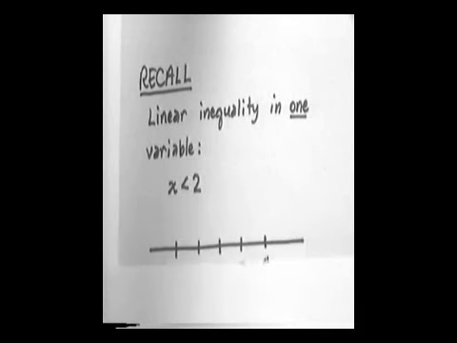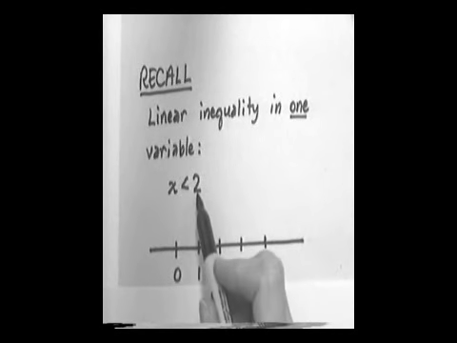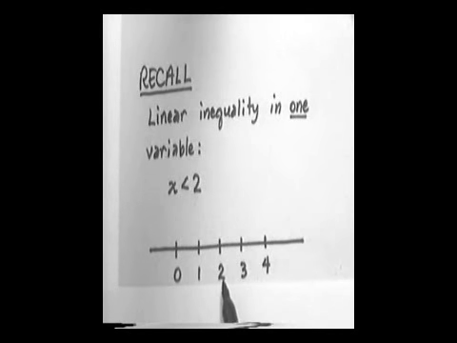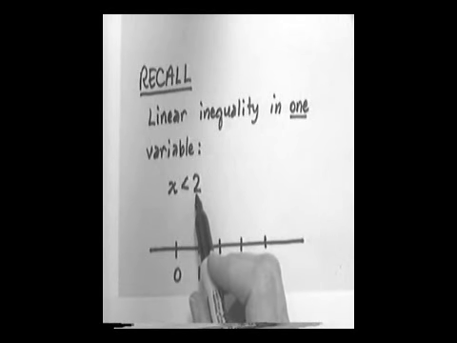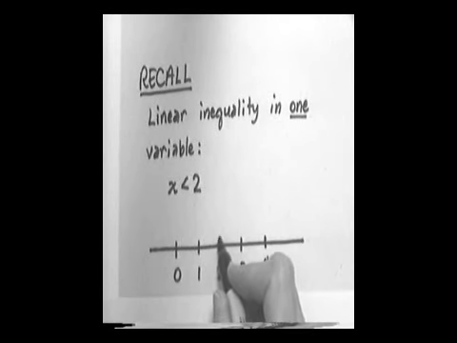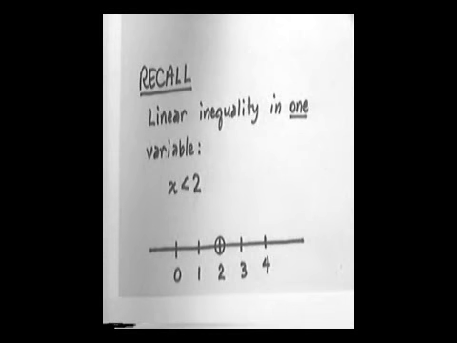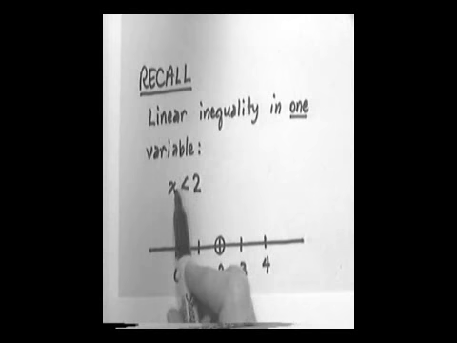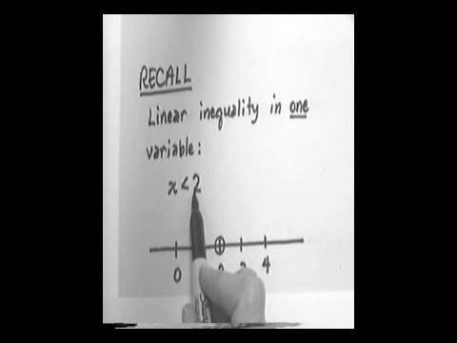On that number line, we find a convenient location for the important number 2, which is our boundary number, and we place it somewhere so that there are things both below and above the 2. We then circle the 2 since 2 is not included, and shade in all of the values that are less than 2.